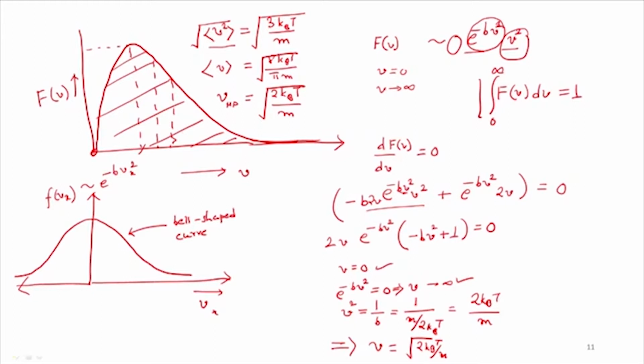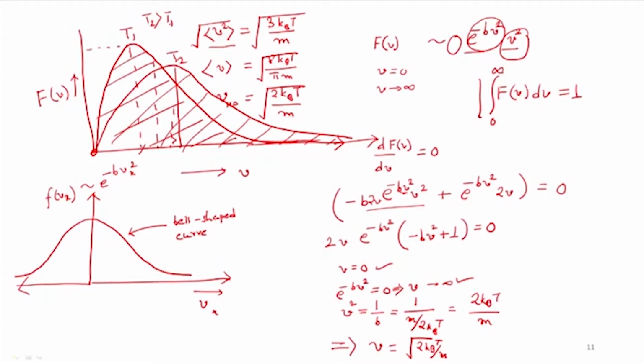Now if you plot it, you can easily figure out this curve will get more and more flattened, and the most probable velocity will shift towards the right, and all the velocities will shift towards the right, but the area under the curve will still be the same. If we integrate it, it should always be equal to 1. So this is drawn at two different temperatures, say T1 and T2, where T2 is greater than T1.